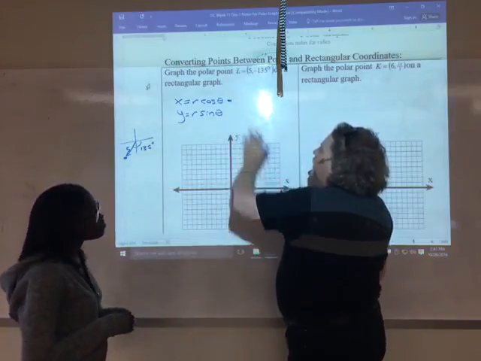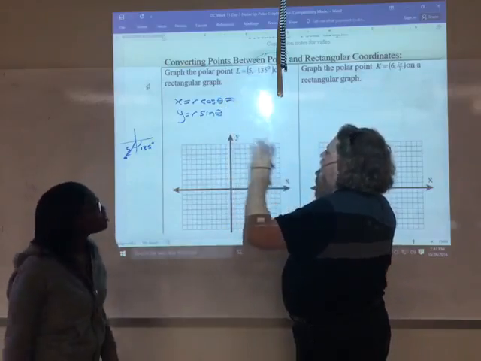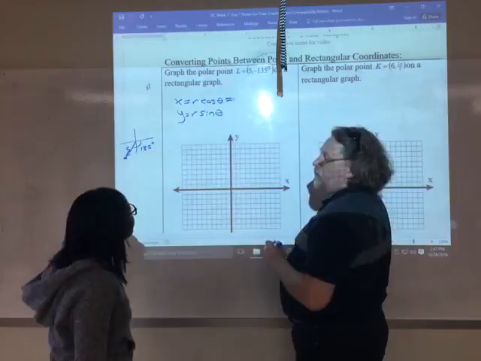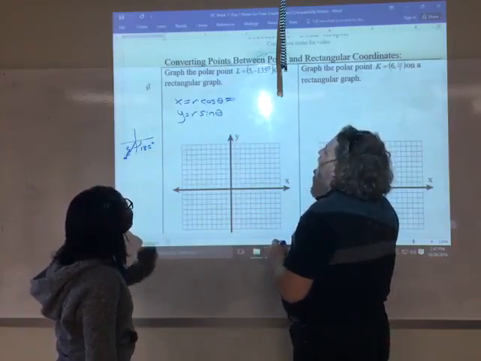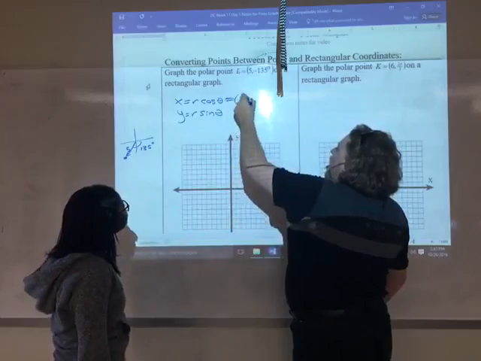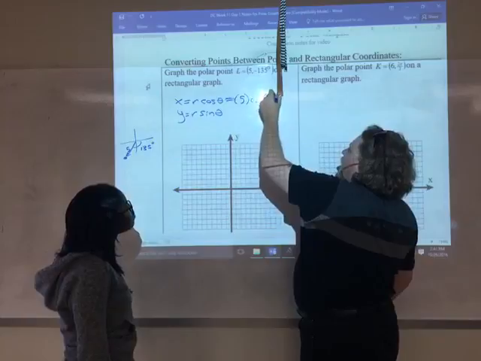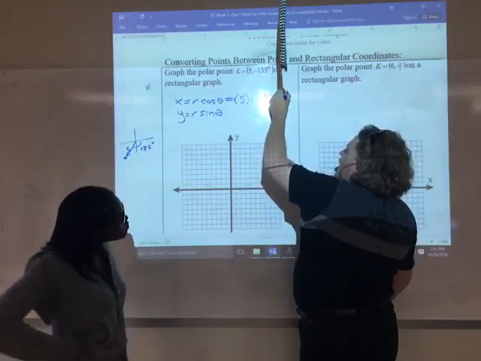So if I can get some help from my assistant, I need r cosine theta. What should I put as r? Oh, I don't need a calculator. This is on the unit circle. I've memorized it. Obviously. So my radius is 5. And then I need the cosine of negative 135 degrees.